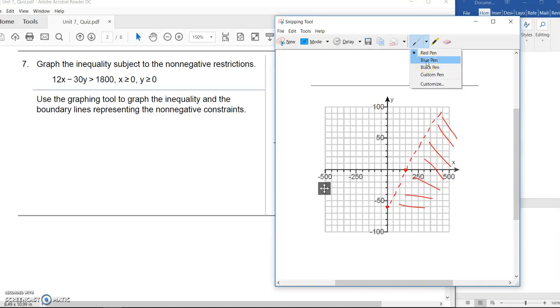So if they are positive, that means I can only take this part and everything in between. So this is my shaded region, but also remember this is going to be a dashed line. Okay, so this blue part is the solution.